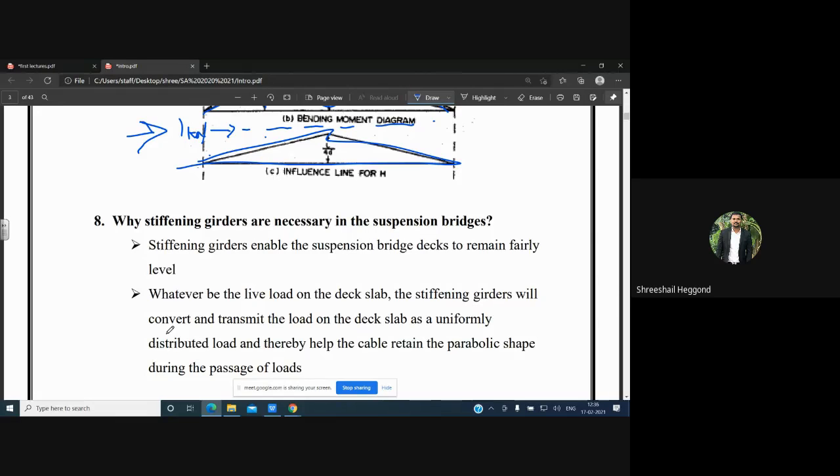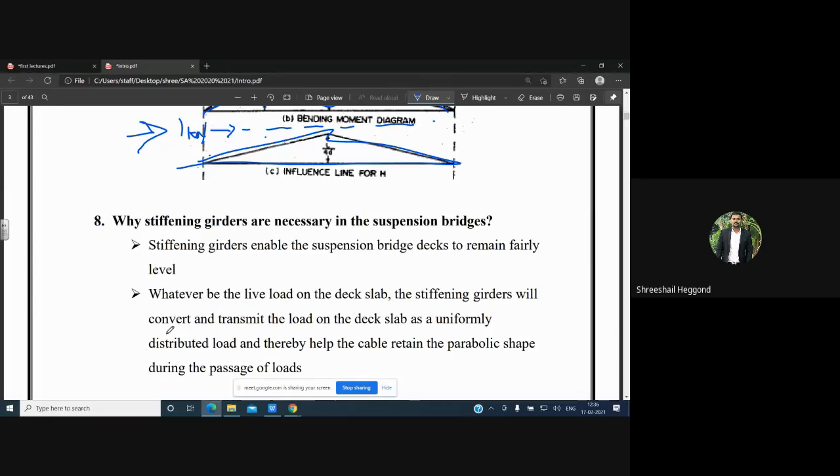The live load on the deck slab is where people or vehicles will be moving on the bridge. If your cable is there from both the ends, the pathway in between is called the deck slab. The stiffening girders will convert the transmitted load on the deck slab into a uniformly distributed load and thereby help the cable retain the parabolic shape during the passage of the loads.